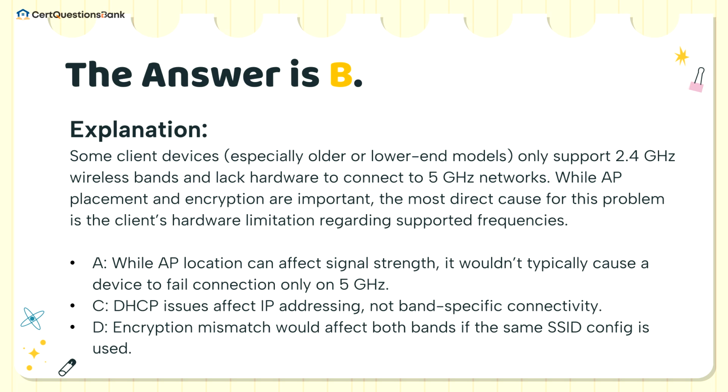A. While AP location can affect signal strength, it wouldn't typically cause a device to fail connection only on 5 GHz. C. DHCP issues affect IP addressing, not band-specific connectivity. D. Encryption mismatch would affect both bands if the same SSID config is used.